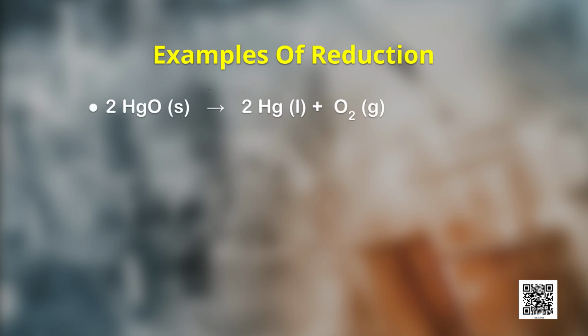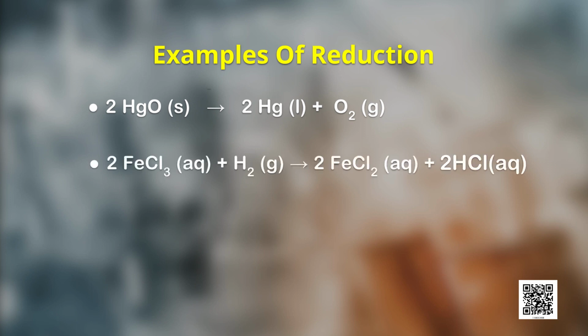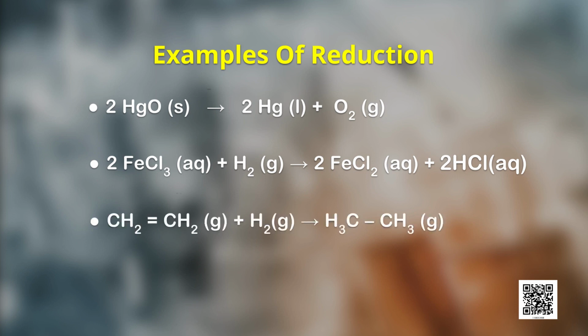In first example, removal of oxygen from mercuric oxide takes place. In second example, removal of electronegative element chlorine happens when ferric chloride changes to ferrous chloride. In third example, ethene gets converted to ethane by addition of hydrogen.